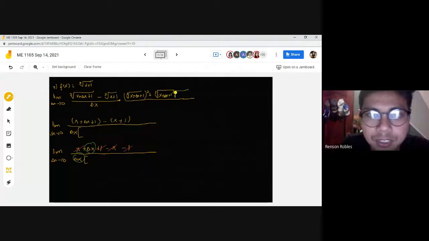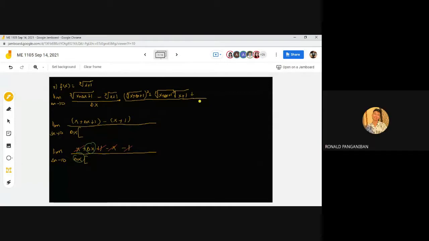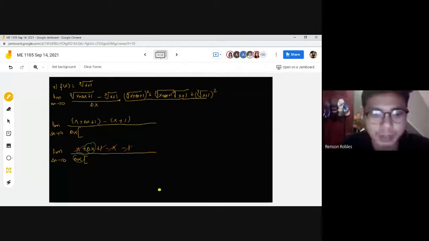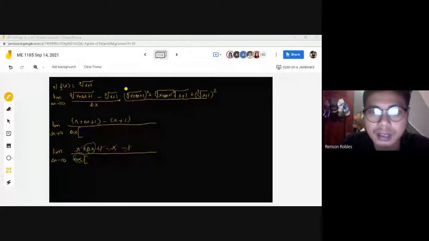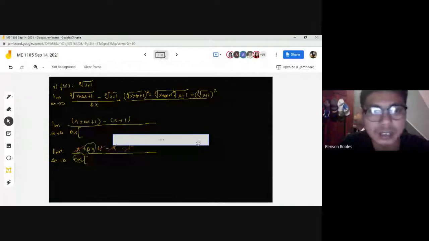Cube root of x plus 1. Then the last term, the cube root of x plus 1 squared po. Okay, good, squared. And then we'll just copy that part. Let me just copy paste, it's so long. And then we'll just write it on the denominator. Alright.